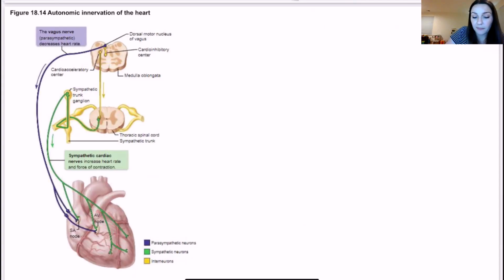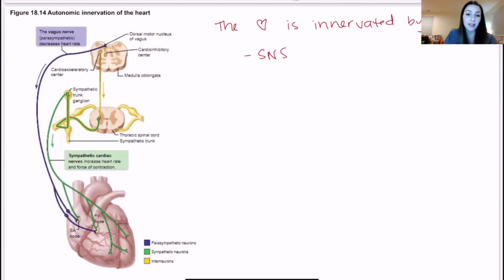So I'm going to write in my notes, the heart is innervated by the ANS, autonomic nervous system. First, we have the SNS, sympathetic nervous system. That's an excitatory thing. So the SNS leads to increasing the rate and the force of contraction.